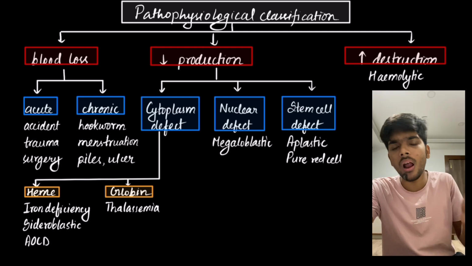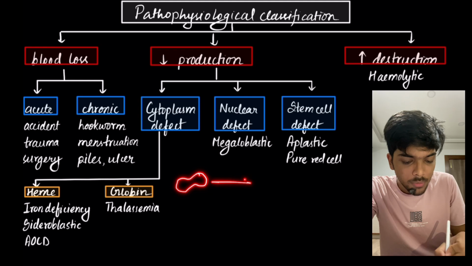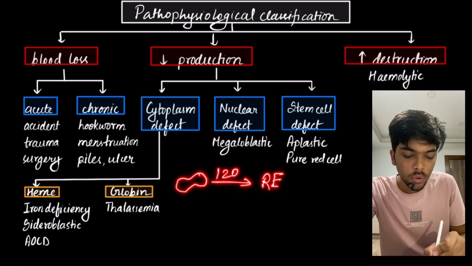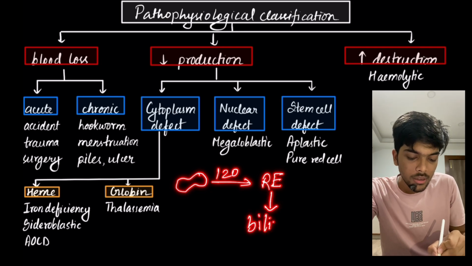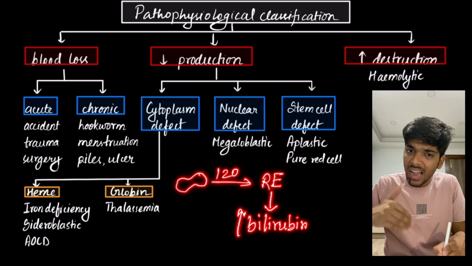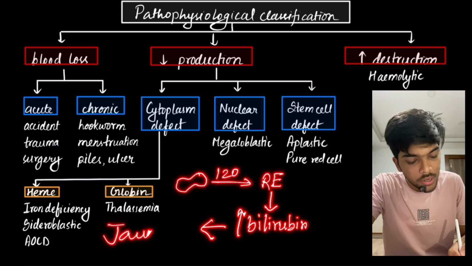What happens or how exactly does red blood cell get destroyed? So there's your healthy red blood cell. After 120 days, it gets destroyed in the reticuloendothelial system and there is release of bilirubin. When bilirubin gets deposited in your blood at a much higher level, it causes a disease called jaundice.